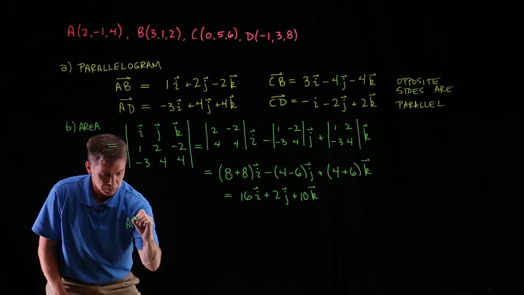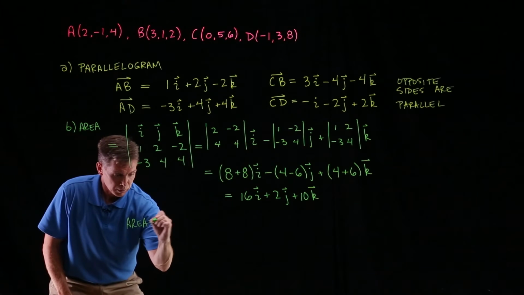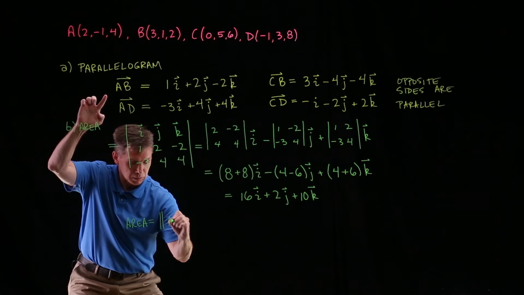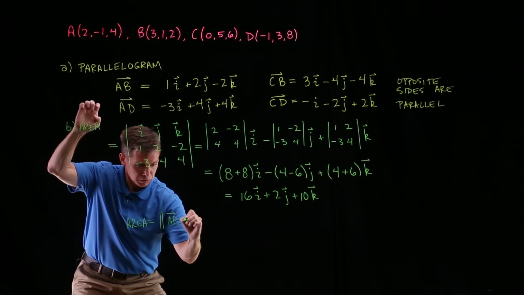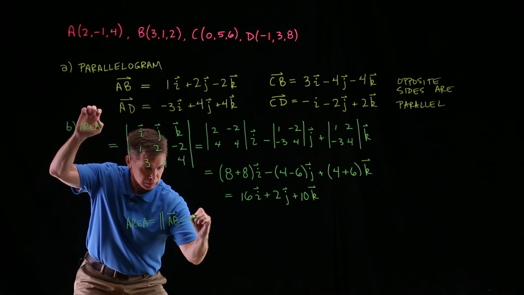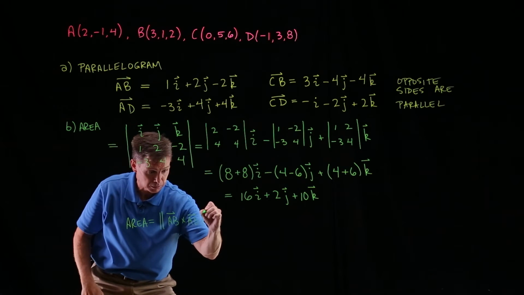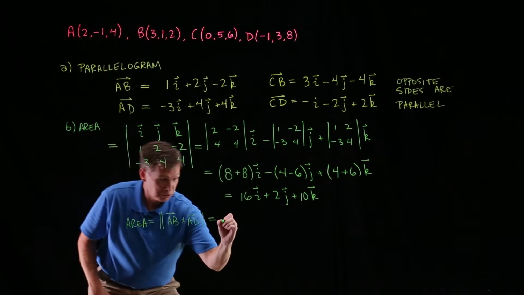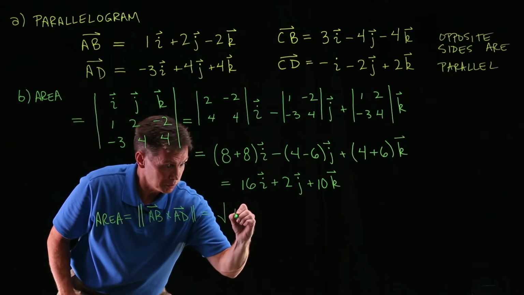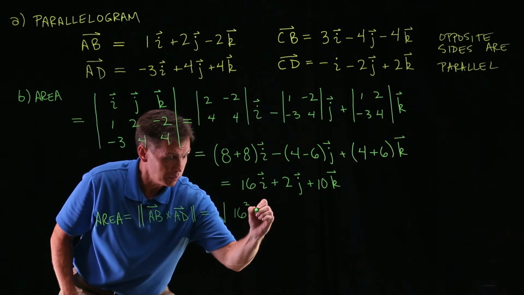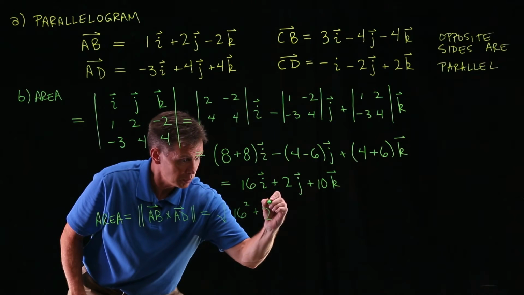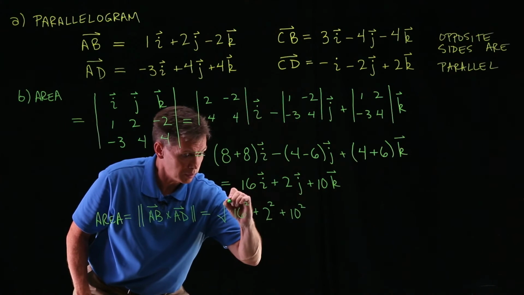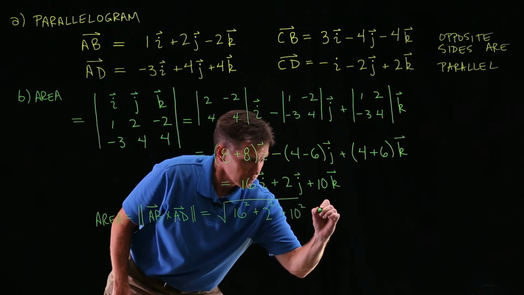So the area will equal the magnitude of what we just found, AB as a vector crossed with AD as a vector, and we need the magnitude of that, which will equal, your magnitude formula, the square root of 16 squared plus 2 squared plus 10 squared, all under the radical.